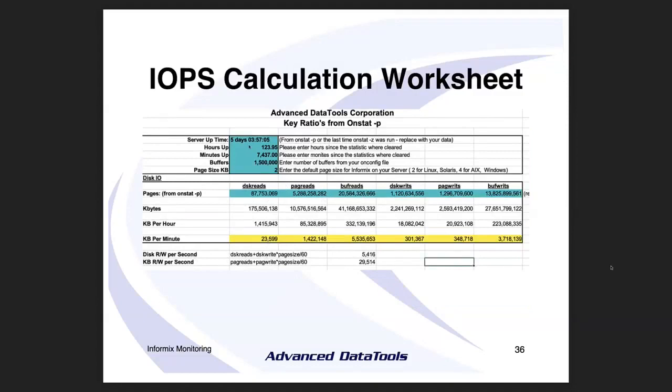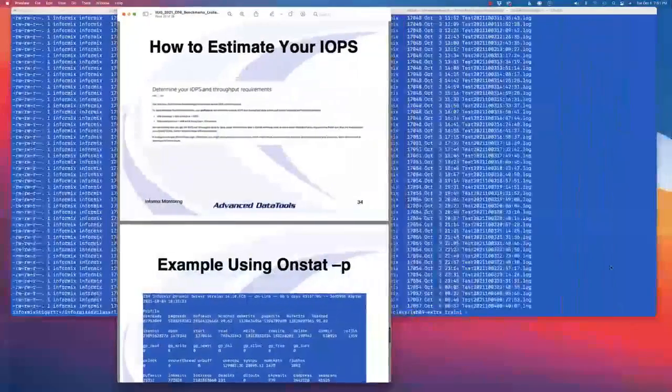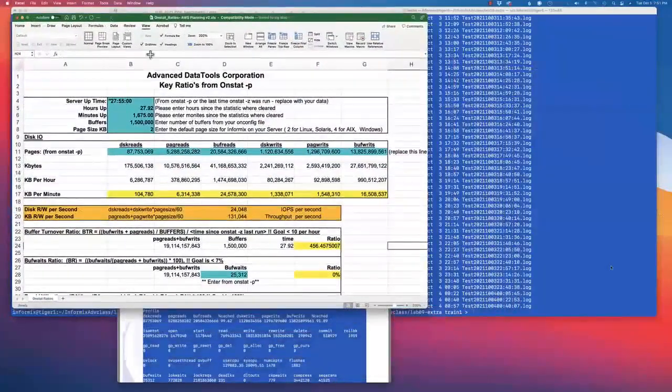Now, this server had been up for 5 days, but had it been busy all 5 days? This is what's really important. You want to take this for your peak times. And let me bring up this other worksheet. Okay, here we go.